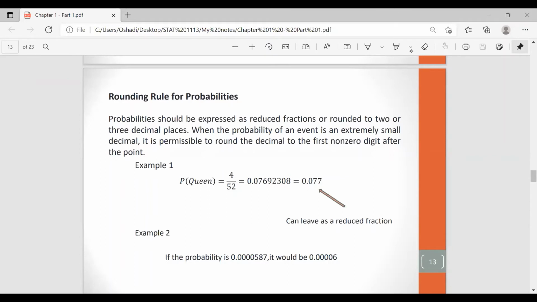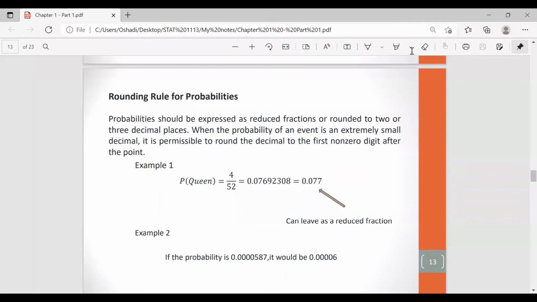And in example 2, the probability is a very small decimal, see here, 0.0000587. So you can round the decimal to the first non-zero digit, right?